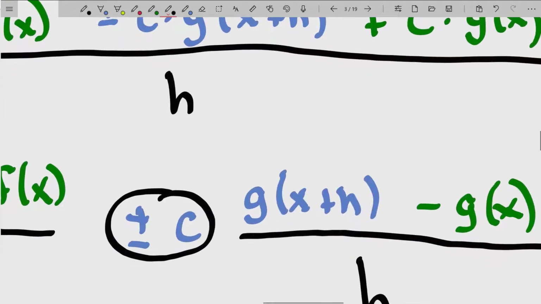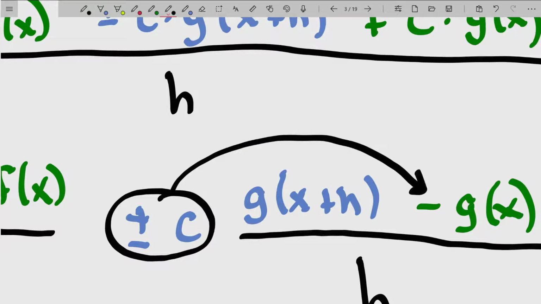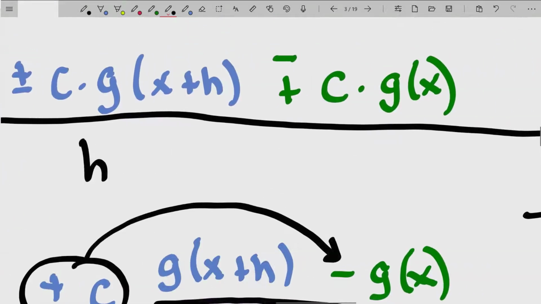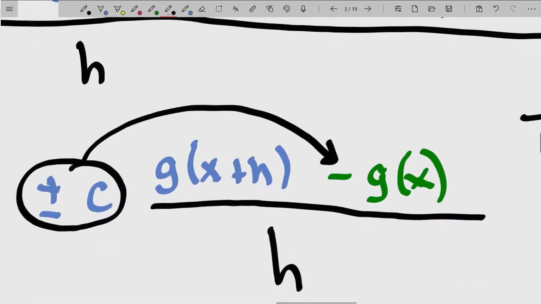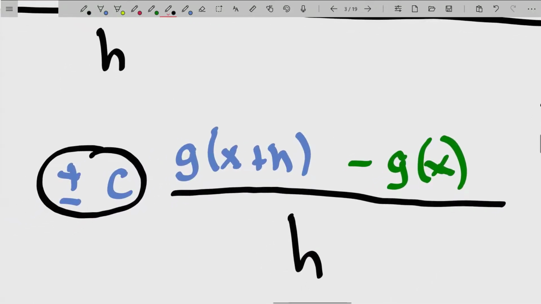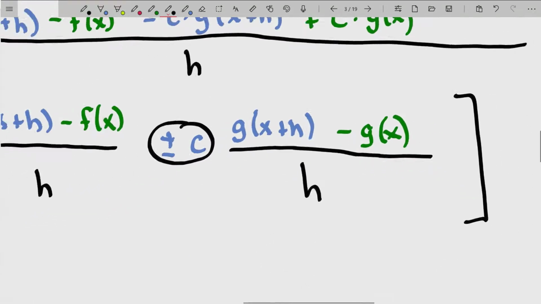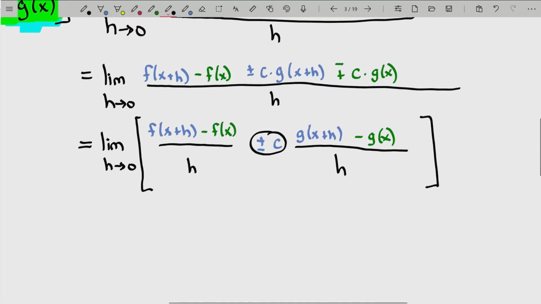And then if you were to distribute it way over here, the negative on that green negative would multiply the plus or minus and it'd become a minus plus c g of x, and that's exactly what we have right here. So I'm not lying to you when I factored off that plus or minus c, that it left us with a minus g of x. You can always distribute back through to double check my work, but it is absolutely true.